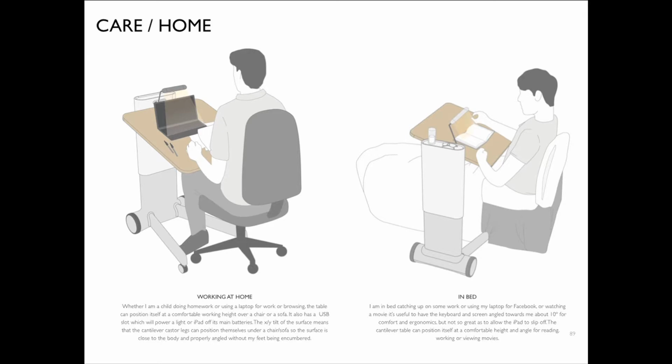So this is looking at how it might be an over-bed table, and you think, well, it could be used in hospitals, and the number of times that the nurse doesn't have to come in to move the table forwards and back. And even me, I read in bed, I like to work on my computer in bed, and I want to go to sleep, and the table just moves away.